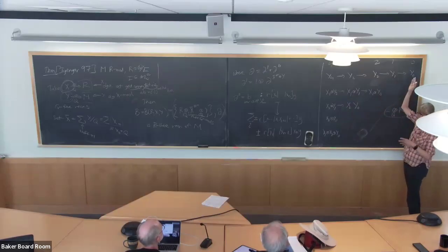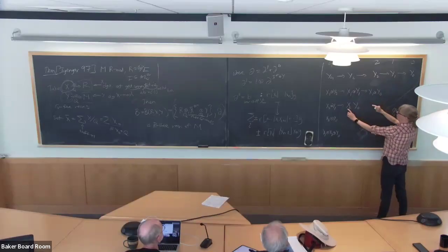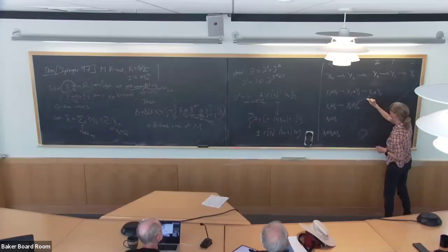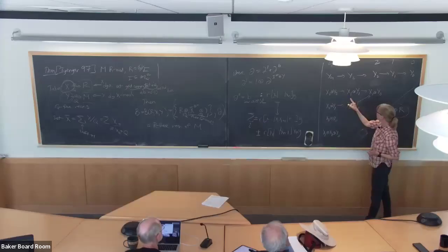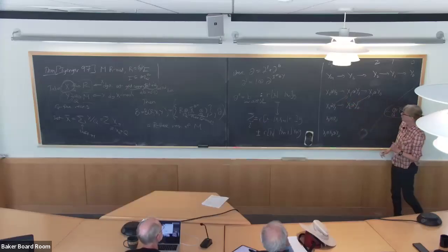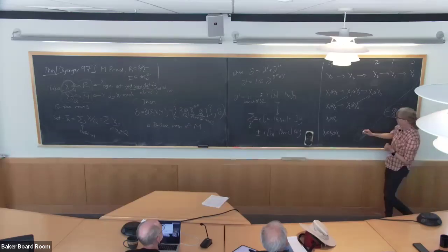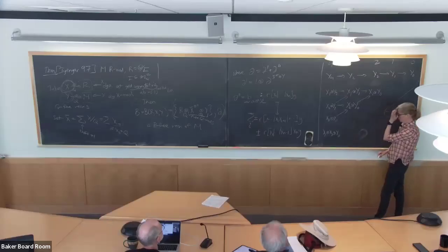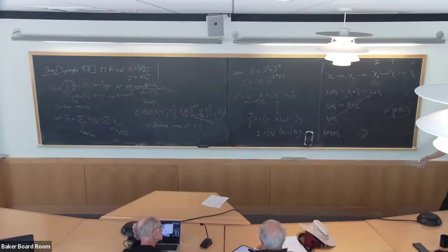Well, X1 goes to X0, but we got rid of X0. X2 goes to X1. So X2 tensor Y0 goes to X1 tensor Y0. So that's a differential in X. Here, X2 goes to X1 tensor Y1. That's a differential in X. X3 goes to X2. And the differentials of the X1's go to X0, which we got rid of. So those are all the internal differentials in X and Y.